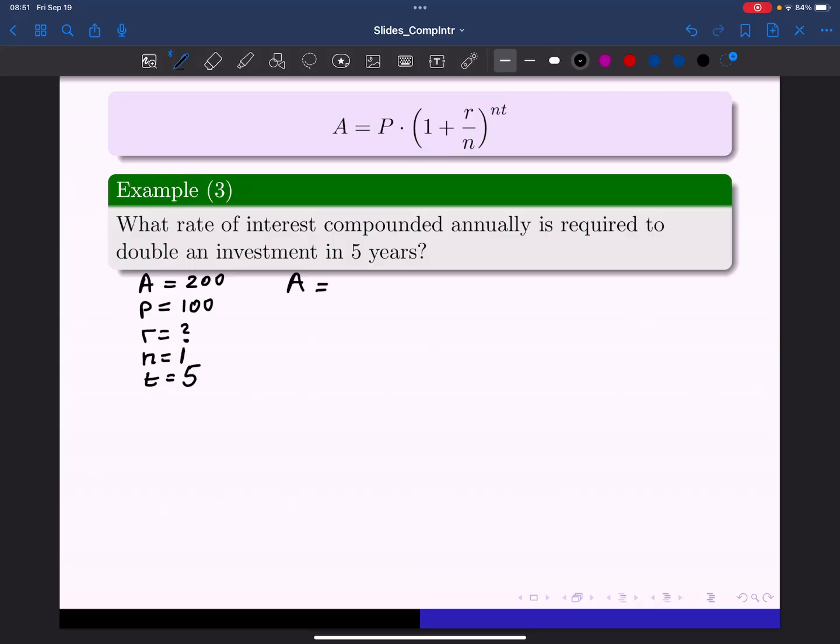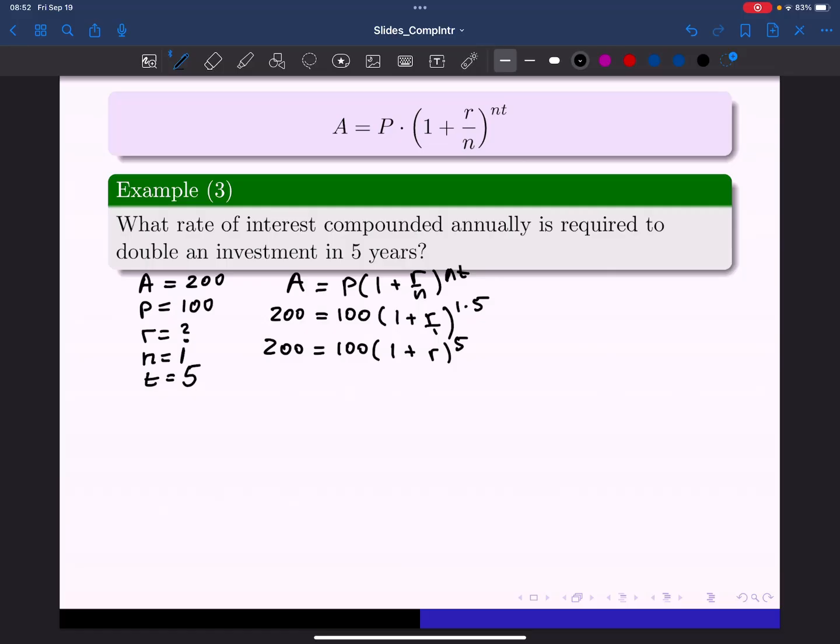Write the formula A equals P times 1 plus R over N to the power NT. Substitute: 200 is equal to 100 times 1 plus R, which we need to find, over 1, and then we have 1 times 5. So we have 200 is equal to 100 times 1 plus R to the power 5.